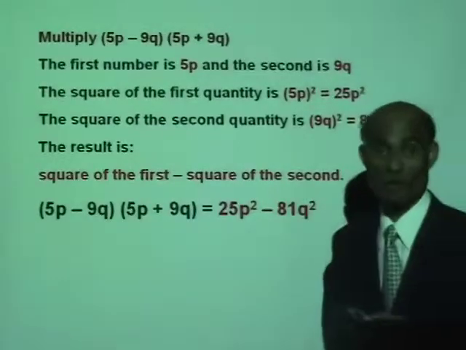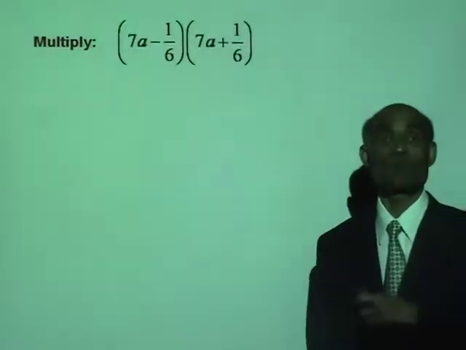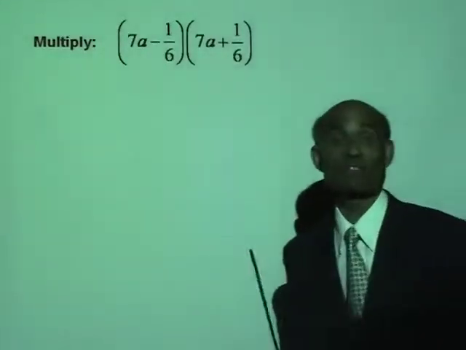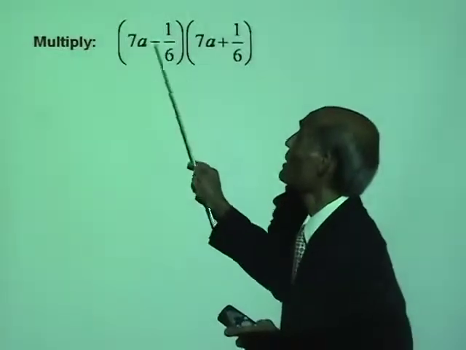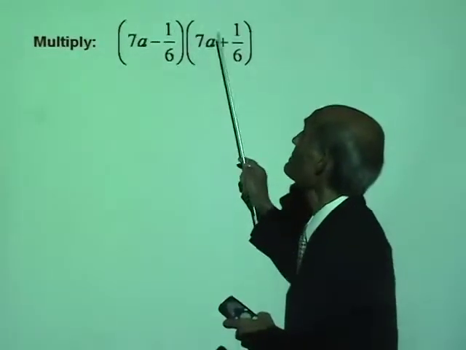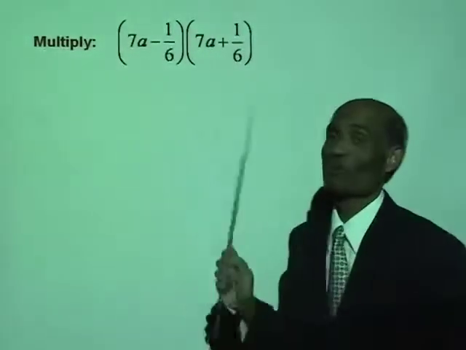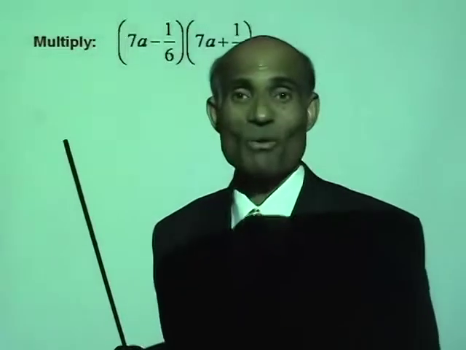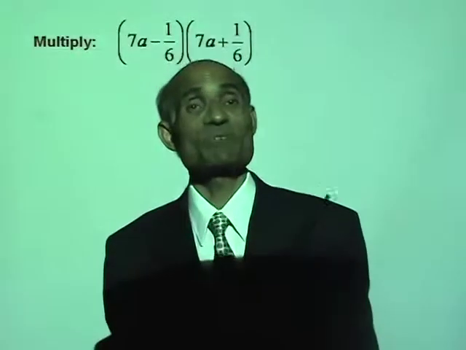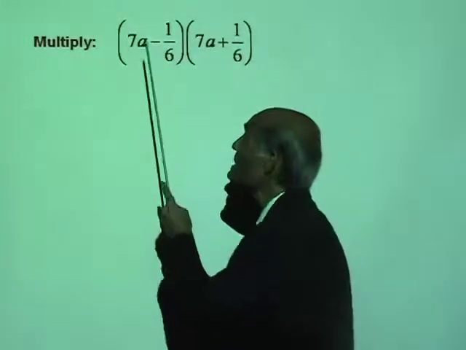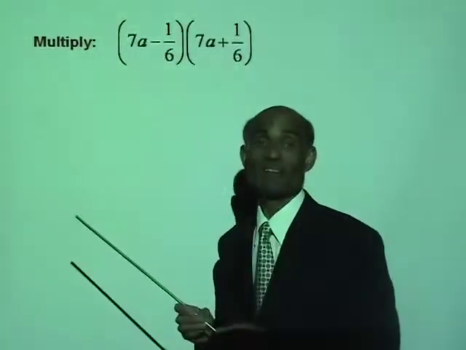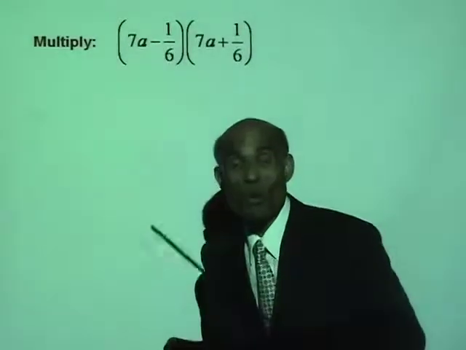Alright? Ready for another one? Okay. Fractions again. 7a minus 1 over 6 times 7a plus 1 over 6. What are the two numbers that we have here? The first number is 7a and the other is 1 over 6.